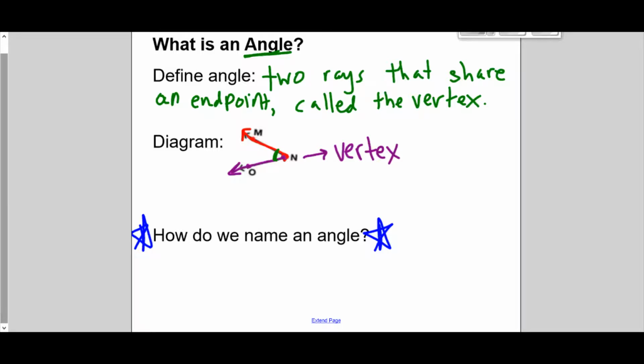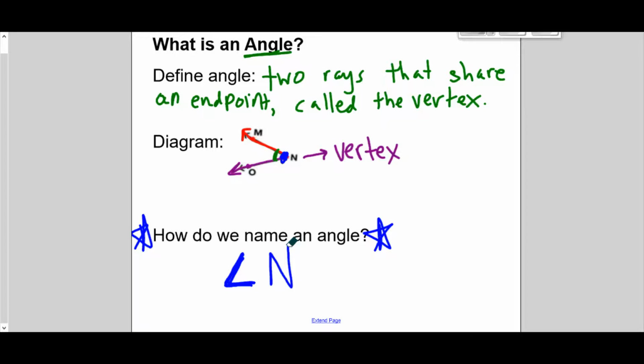In the diagram, the endpoint that they share, this blue point that I'm marking, that's N. So we could name it as angle N. We use a little angle sign to represent the word angle, so we don't have to write the word angle out every time. So we write it as angle N. This is one way that we could name this angle. We could name it angle N.